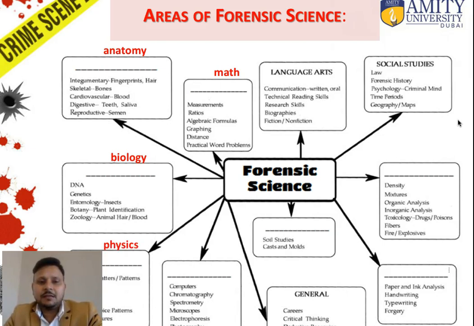Then physics, like blood spatter analysis. I told you that we have to find out the angle of force, the angle of impact, and in ballistics also the motion of projectile and various equations related to the motion of projectile we have to determine in the area of physics. Then we have the use of technology in forensic science, like computers and chromatography.